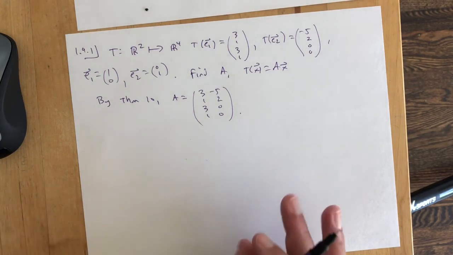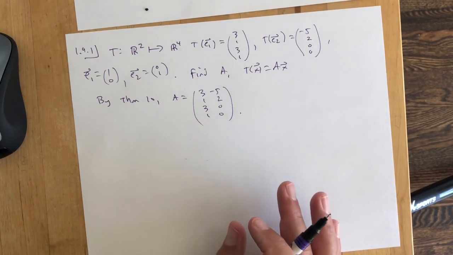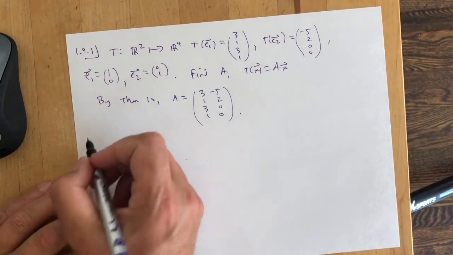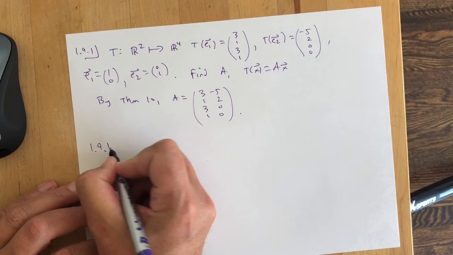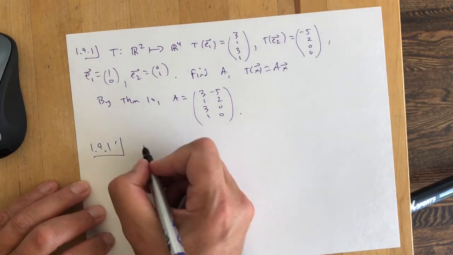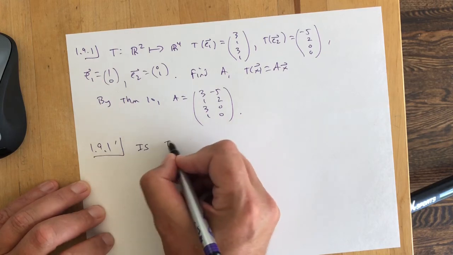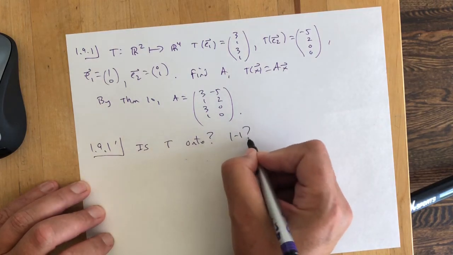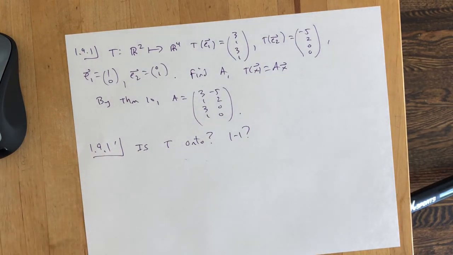Okay, well, since I got your attention, let's call this problem 1.9 dash. I'm going to add some stuff here. Is T onto? Is it 1 to 1? Right?